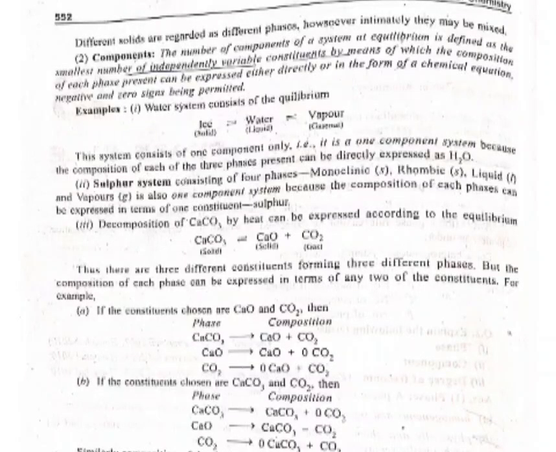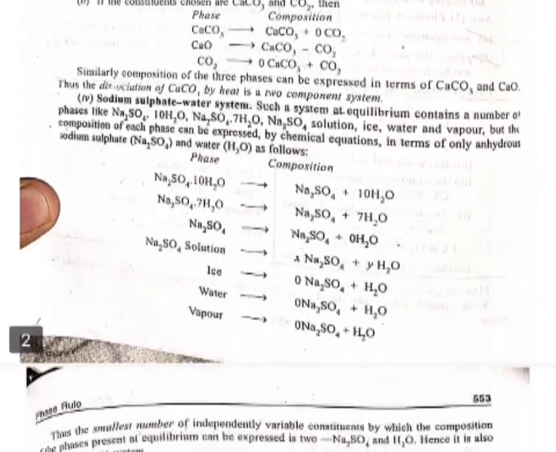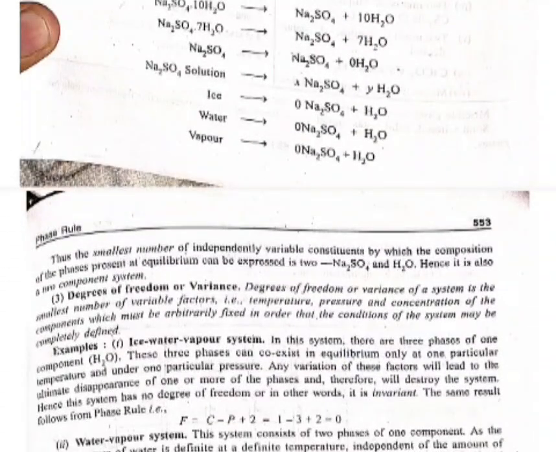Phase composition: Na2SO4·10H2O = Na2SO4 + 10H2O; Na2SO4·7H2O = Na2SO4 + 7H2O; Na2SO4 = Na2SO4 + 0 H2O; Na2SO4 solution = x Na2SO4 + y H2O; ice = 0 Na2SO4 + H2O; water = 0 Na2SO4 + H2O; vapor = 0 Na2SO4 + H2O. Thus, the smallest number of independent constituents by which the composition of the phases present at equilibrium can be expressed is two, Na2SO4 and H2O, and it is also a two-component system.